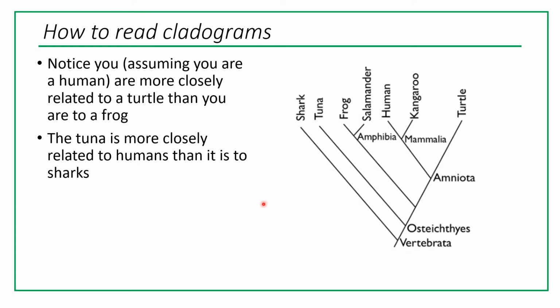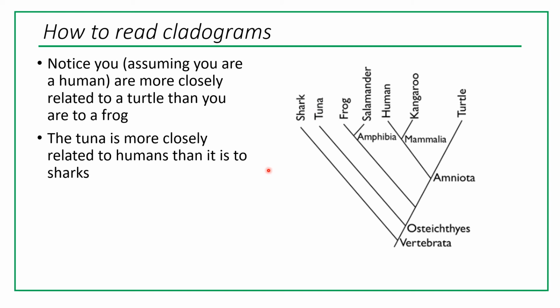Okay, so over here, let's look at shark, tuna, and human. The question would be, is tuna more closely related to human or to a shark? Do we share a more recent common ancestor with tuna, or does tuna share a more recent common ancestor with shark?